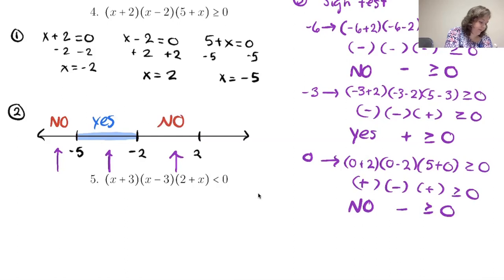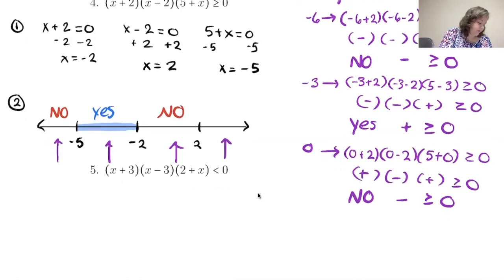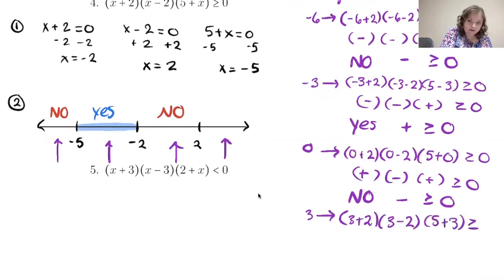Not true. Okay. And then the last one, a number greater than 2, so I'll pick 3. So we'll do 3 plus 2, 3 minus 2, and 5 plus 3 is greater than or equal to 0.